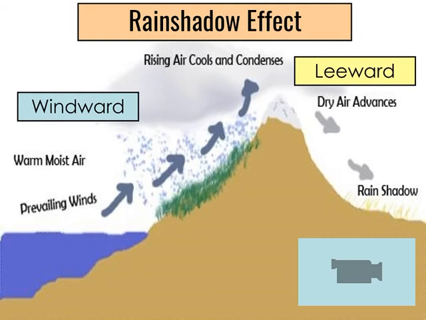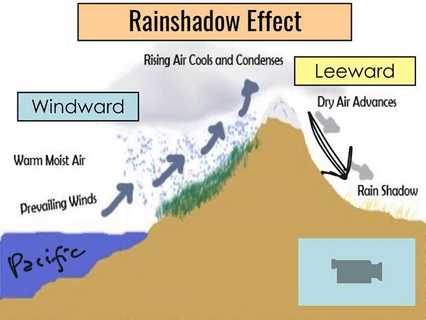The rain shadow effect describes how we get dry air on the opposite side, the leeward side, of a hill or a mountain. Think of this as the Pacific Ocean.